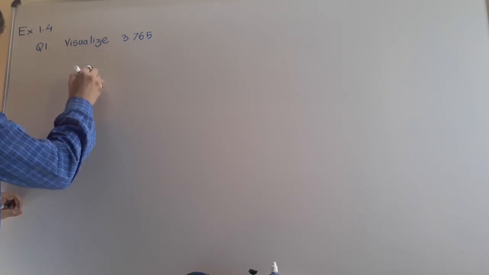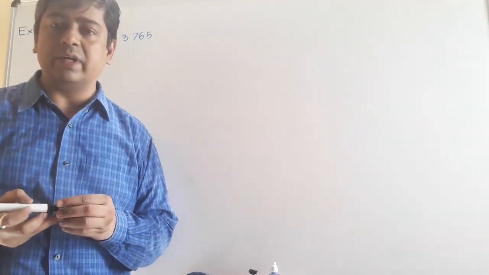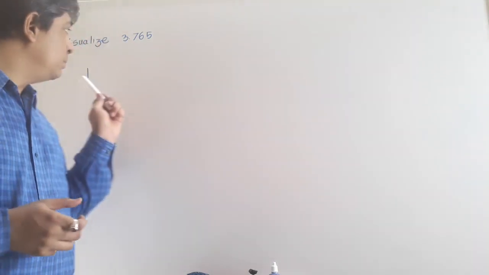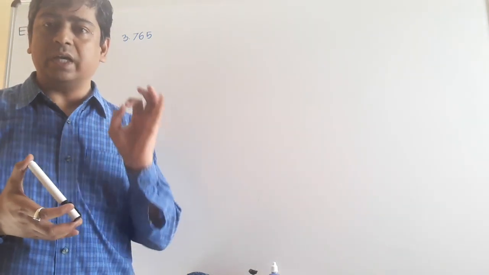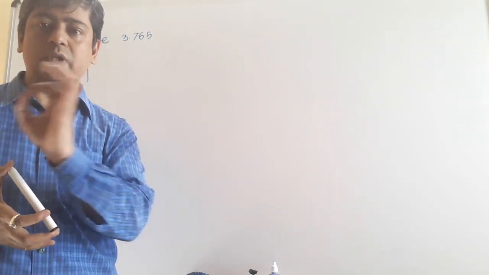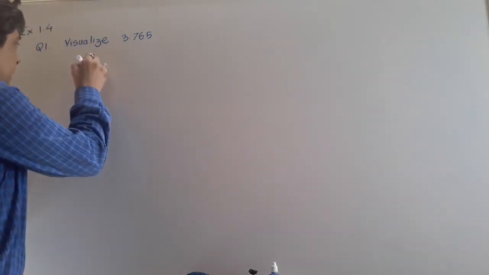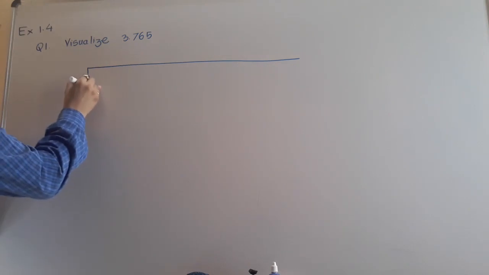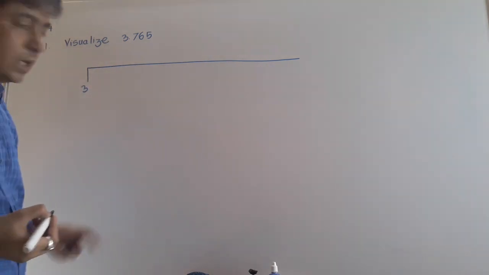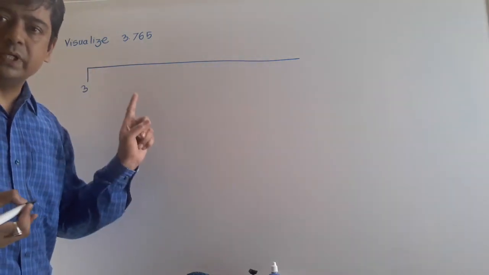Now I cannot mark the divisions equally here, because I do not have any measuring instruments. So please remember you need to draw it with equal measurements. Take a ruler and mark the points 1, 2, 3, 4 and so on, and accordingly you can draw it. Suppose this is my number line. This point I say is 3, then I take a ruler and mark the points 1, 2, 3, 4, 1 centimeter each.